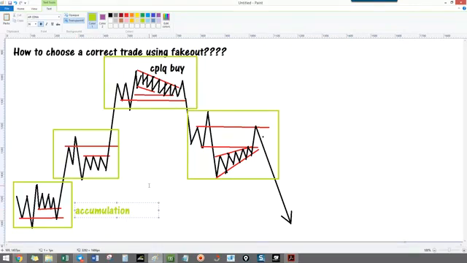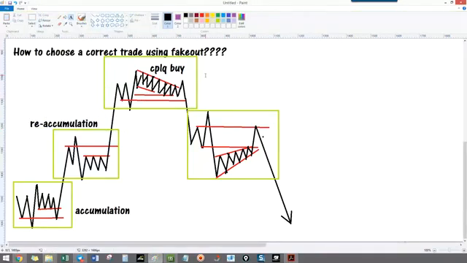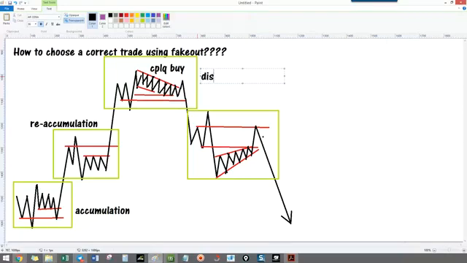Can you see this? Accumulation. This is reaccumulation. This is distribution. This is redistribution.